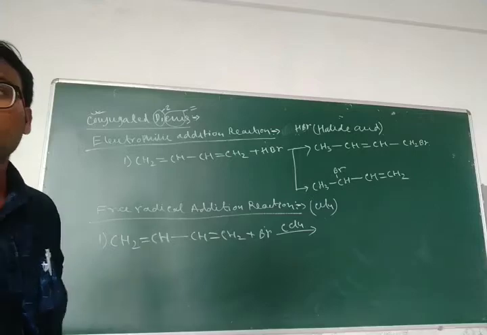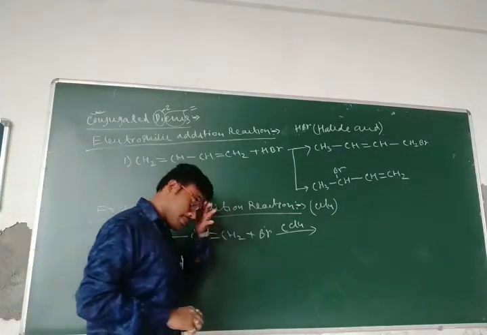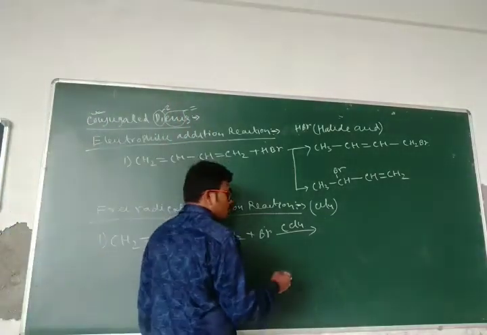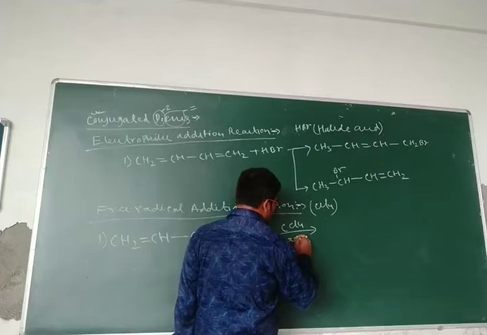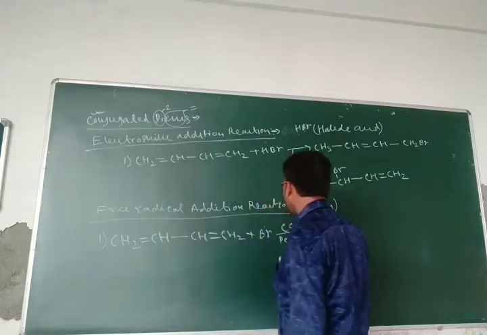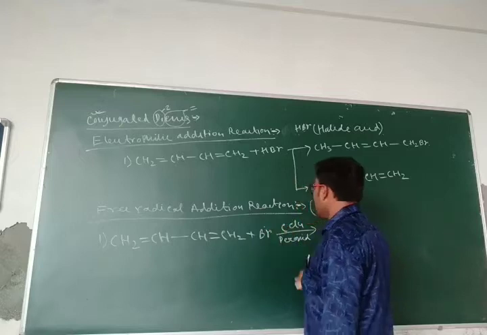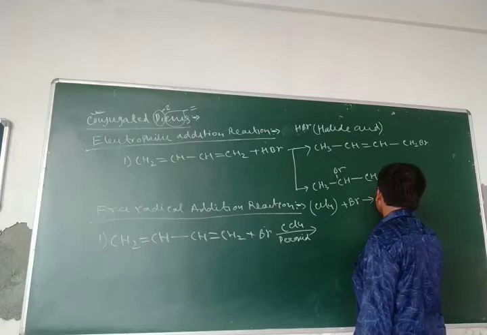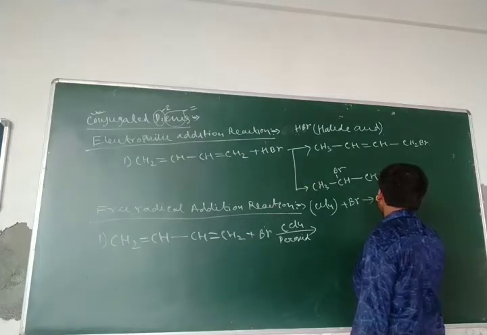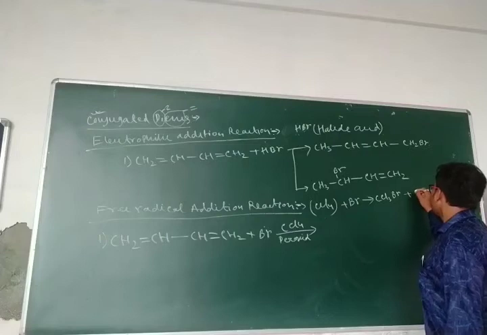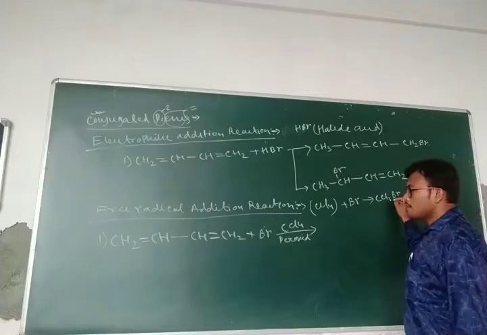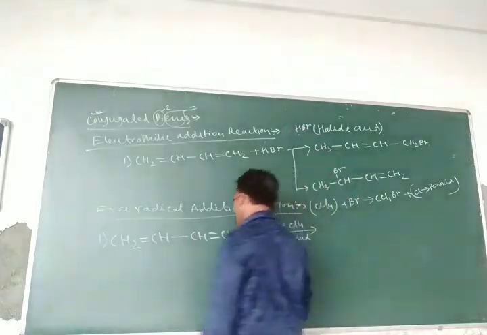Okay, the first one is the solvent used in this reaction, that is peroxide. At first, what will happen? This carbon tetrachloride reacts with bromine and produces CCl3Br. Okay, an electron is attached with peroxide. This CCl3Br reacts with this diene.